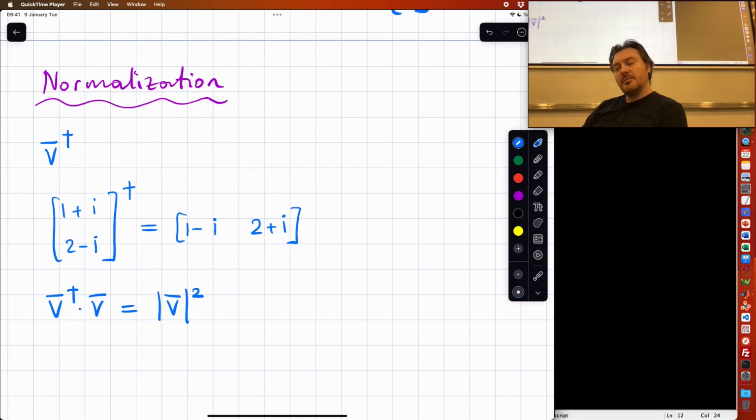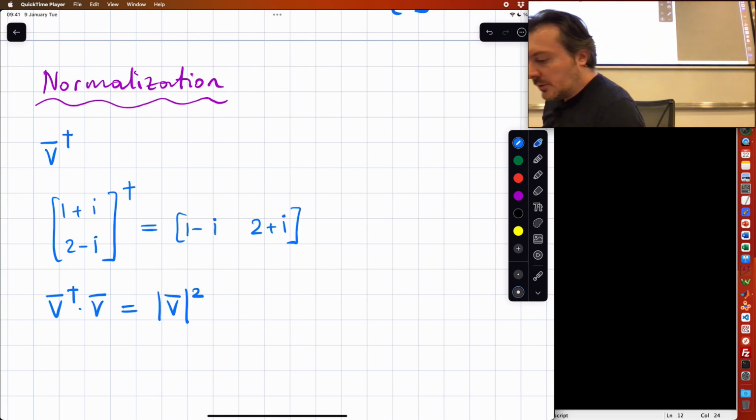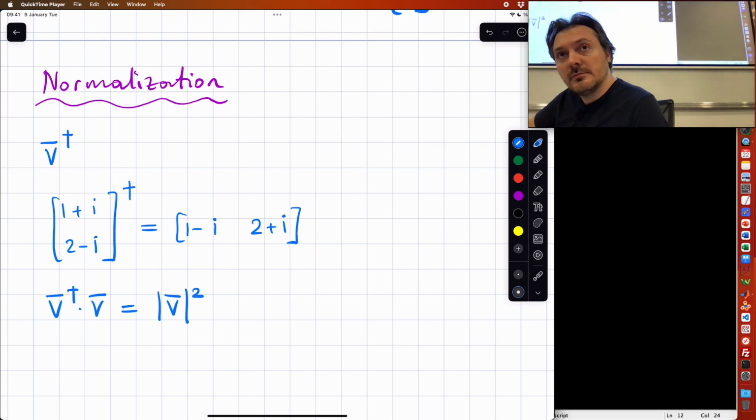Do you have any problems here? It's like taking the absolute value of a complex number, but this time you are doing it for a vector. Are you following? Yes? So what we want is to make the absolute value of this vector 1.